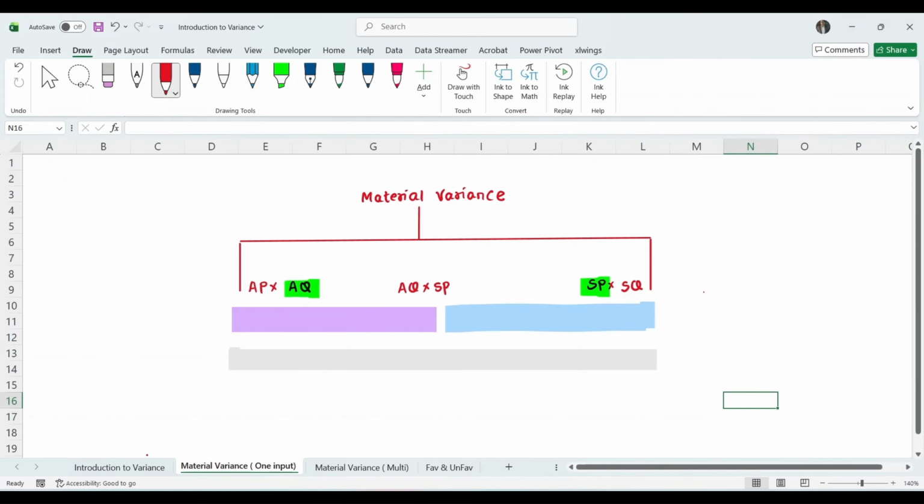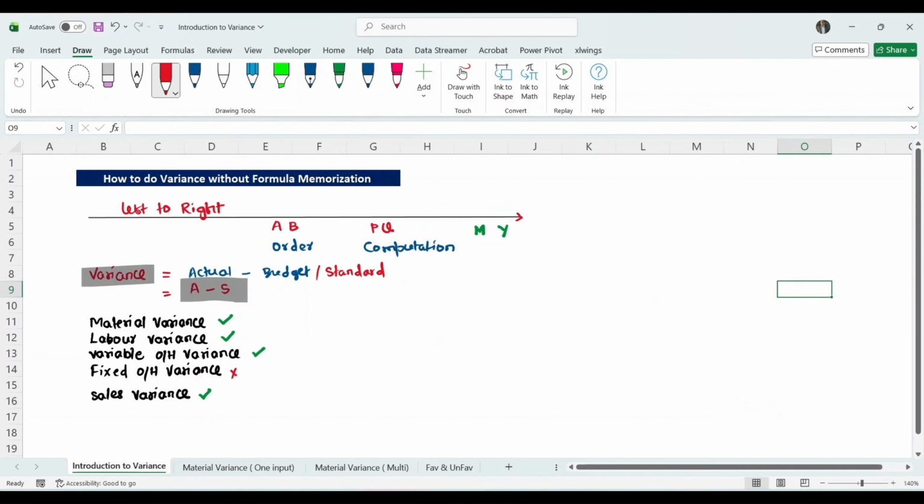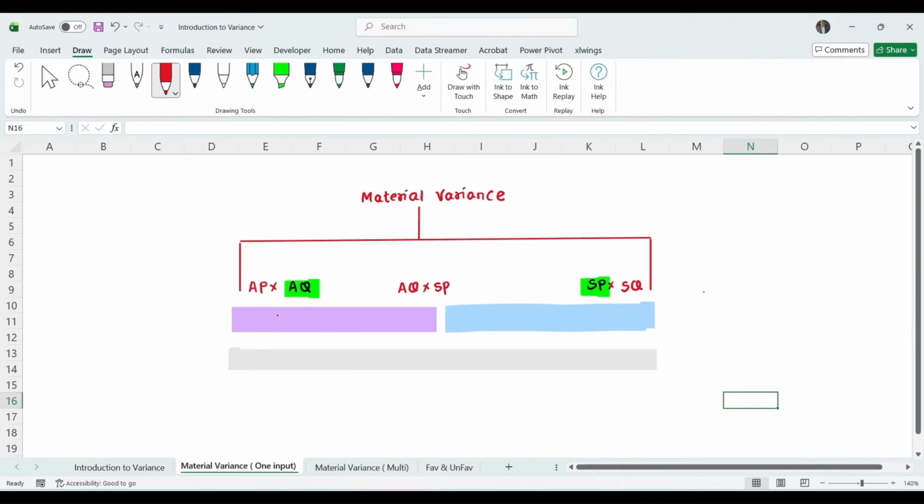Now, as we have understood, we'll always move from left to right, A minus B. That's the order we'll follow. So this part is called the price variance, and this is P, and this is Q, which is the quantity variance. The formula will always go from left to right.